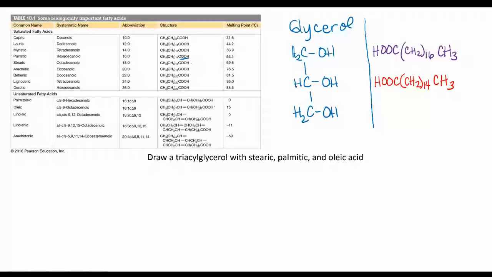Guess we'll go with green. Okay, that one is an unsaturated fatty acid. Okay, so there are the three fatty acids.